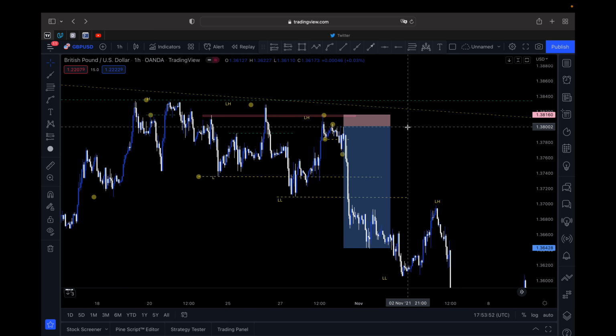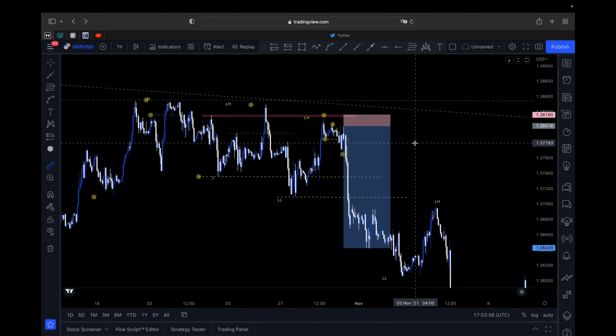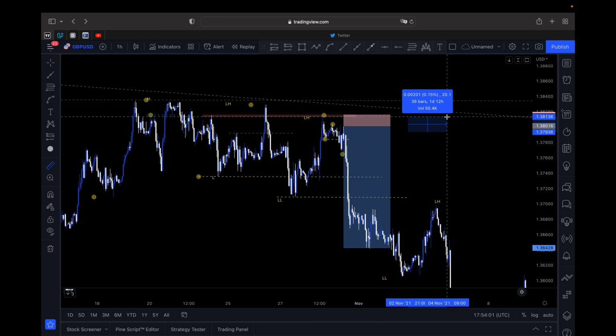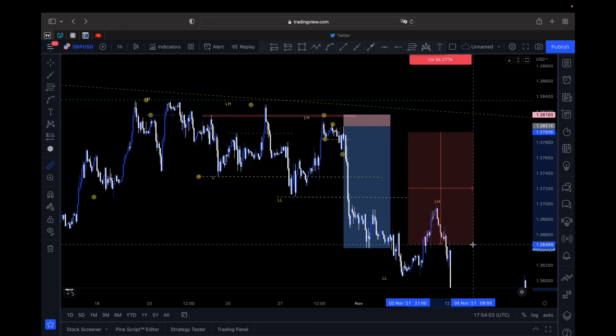So you see the movement downward. My measurement tool is not working, reason unknown to me. It's only working for the buys, but not for the sells.